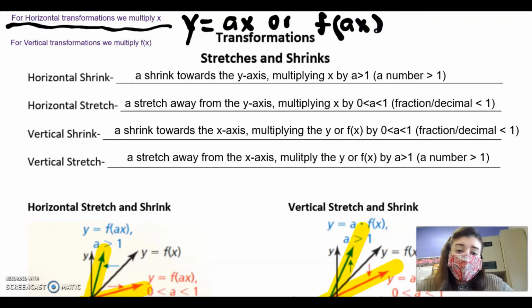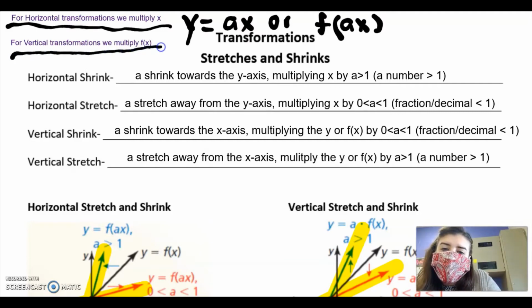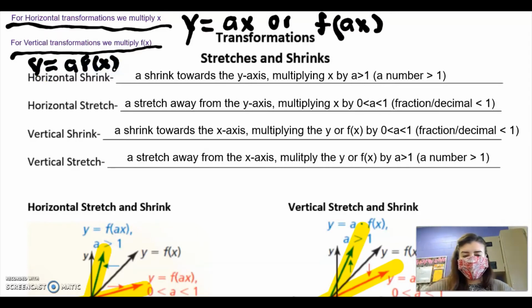When we're messing around with x, it's horizontal. We can also multiply f of x by something, so that is vertical. So this may be a number a times f of x, and that is on the outside.